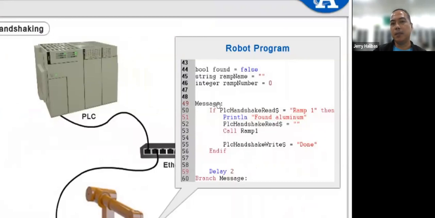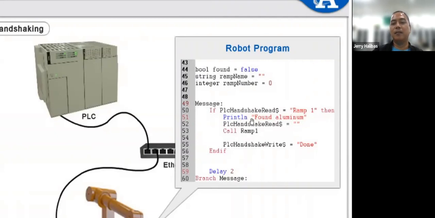Here the message is a label. Then there is a conditional statement. The PLC handshake read: it's a string, so the $ sign is equal to ramp 1. Then print line: found aluminum.